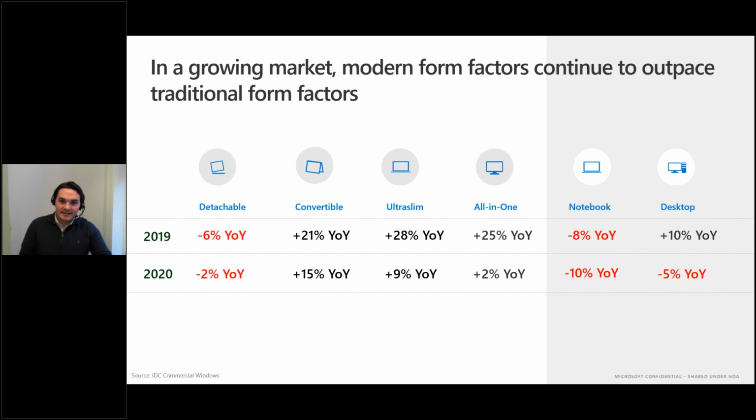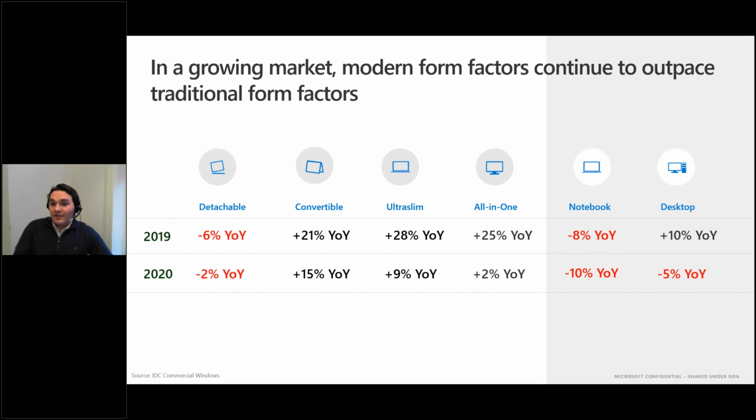So we can notice that the trend in EMEA is of course to increase in terms of convertible PCs and the slim PCs. The all-in-one segment is of course also growing, but I think the true heroes when it comes to remote and flexible work are the convertible and ultra slim units.